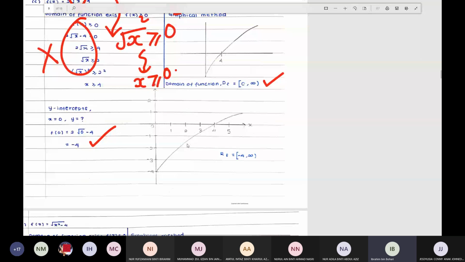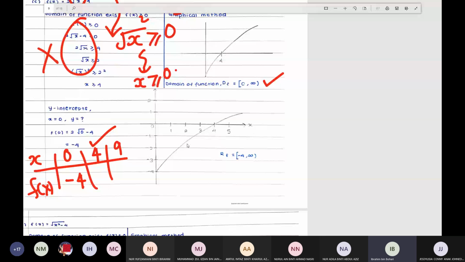Satu lagi you punya tables. Pastikan you buat value of x and value of y. At least 3 values. The first value here at 0, you substitute into the function. Y here equals negative 4. Maybe here you put 4, 9 dan seterusnya. This one y here equals 0 dan seterusnya.